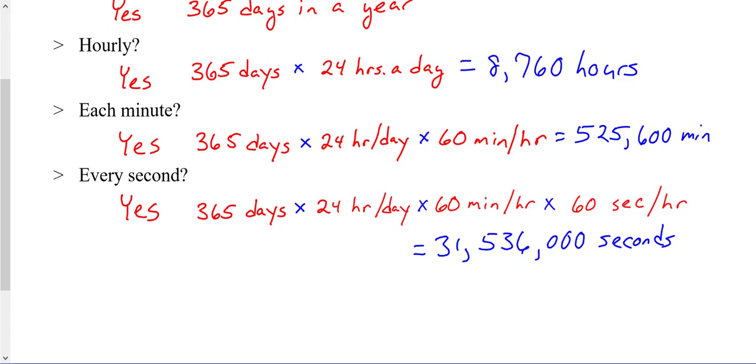And one thing you will find is as time gets smaller, it gets closer and closer and closer to a single value. So in continuous compound, we're going to use an exponential base.